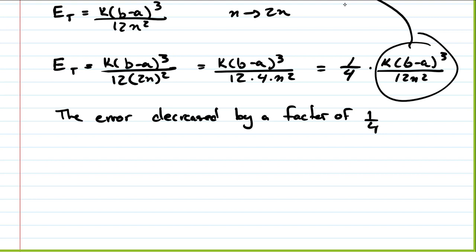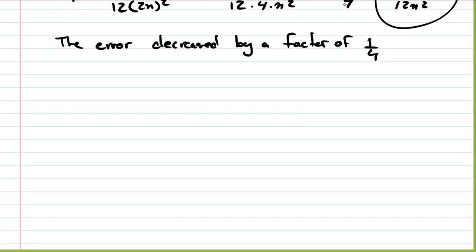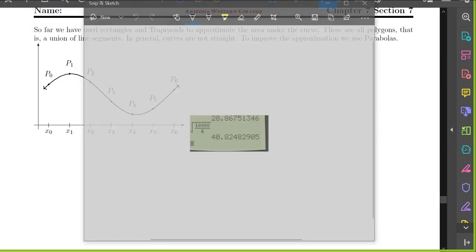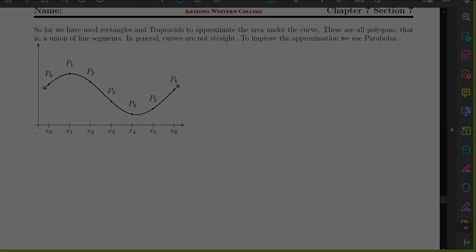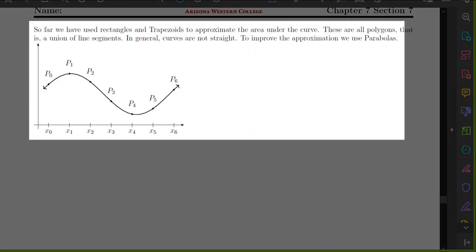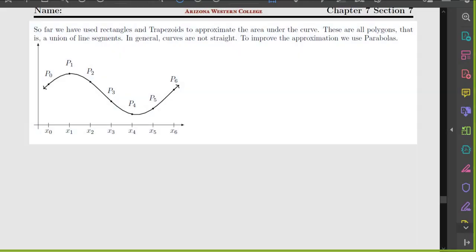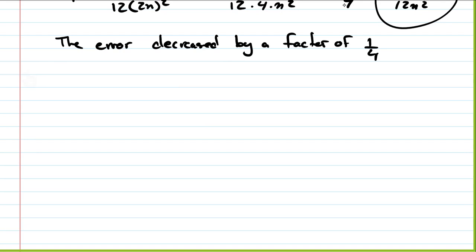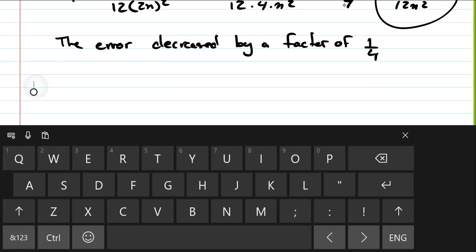All right, so the next thing we're going to talk about is called, well, we'll get to that in a second, what it's named. But so far we've done straight line segments to do all of our approximations. We made some trapezoids.